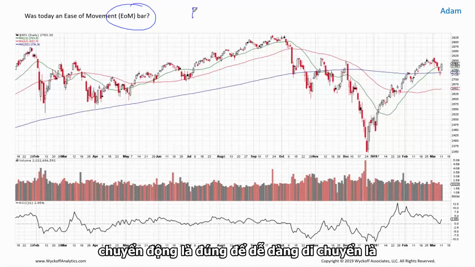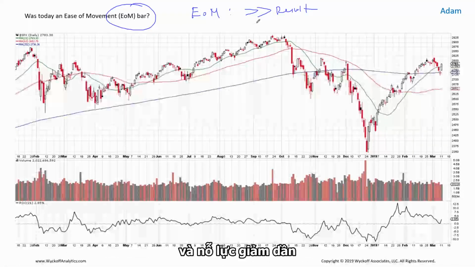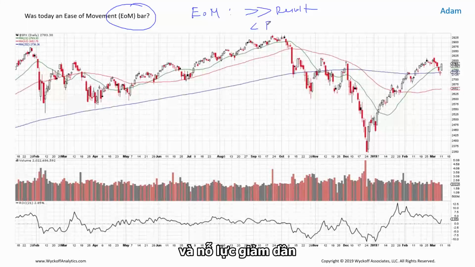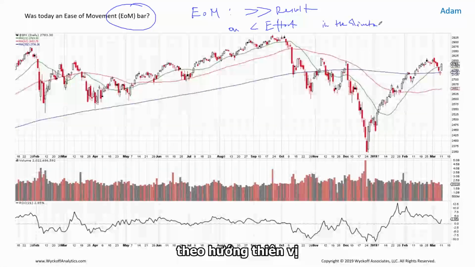Ease of movement is going to have the characteristics of expanding result and diminishing effort, obviously in the direction of the bias.